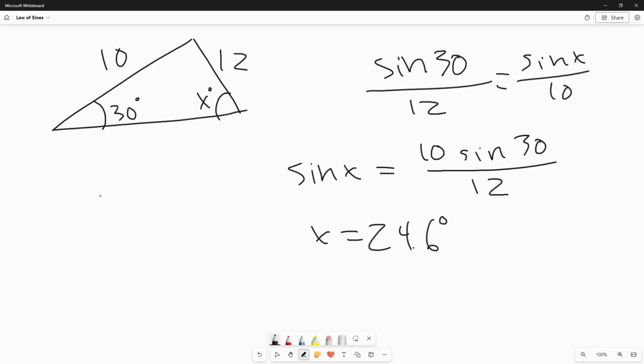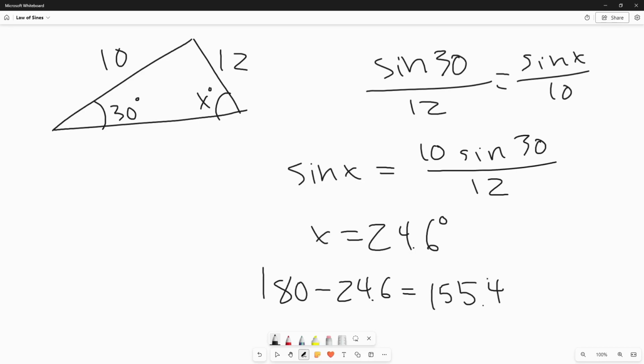If you have sine x is equal to 0.5, then there are two possible values for x, and it's the same for this as well. So we have one of them, which is 24.6, and for the other one, you do 180 minus the other number, so 180 minus 24.6, which is equal to 155.4.